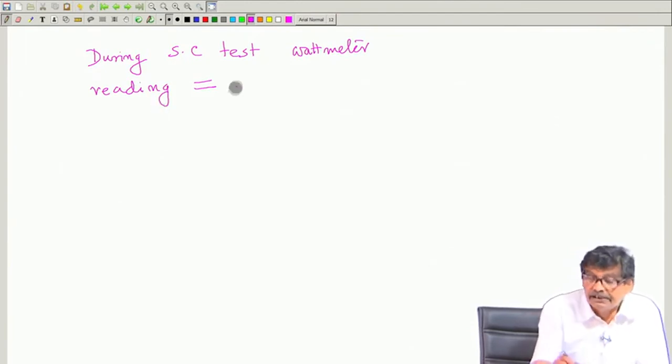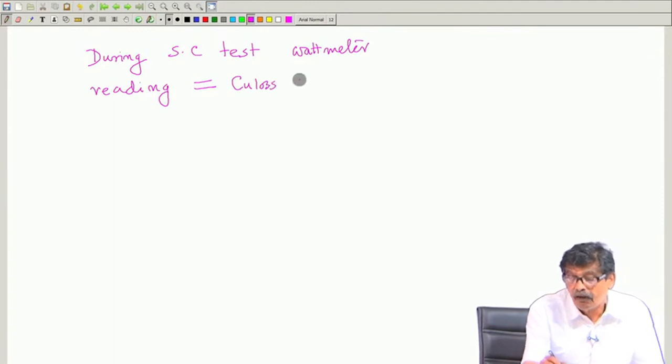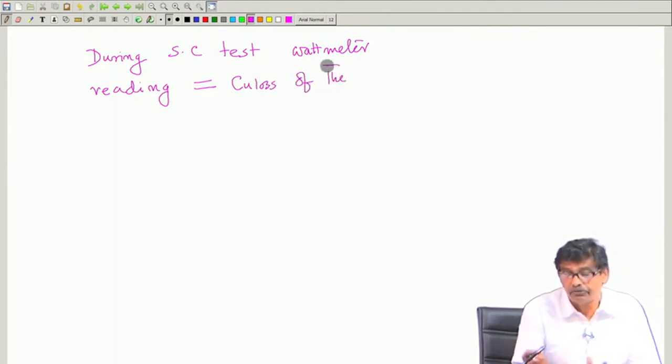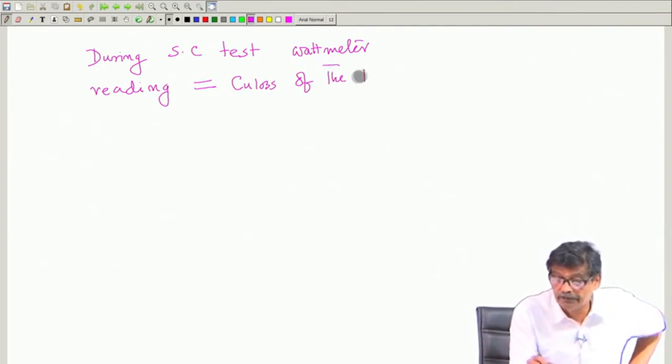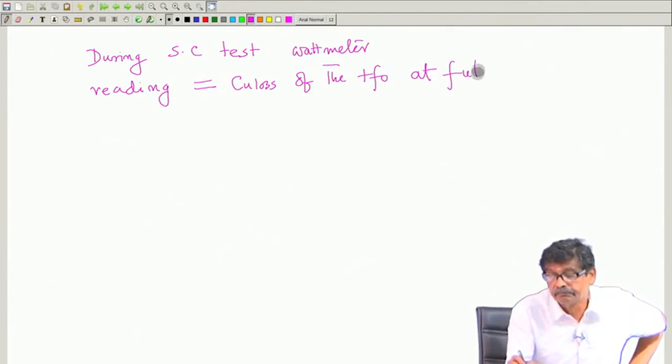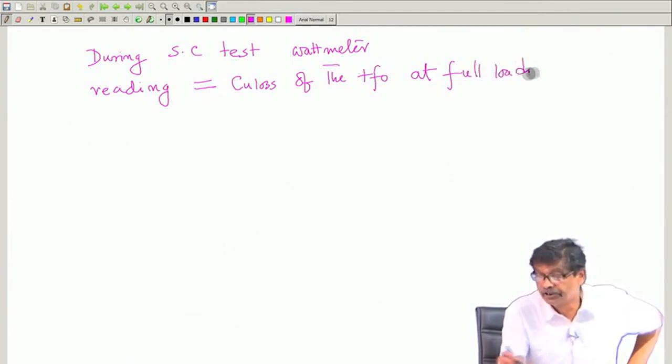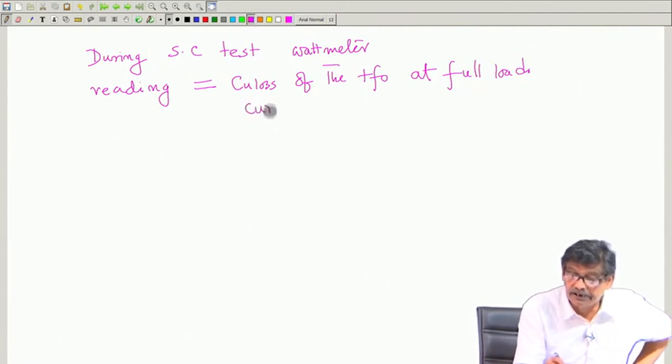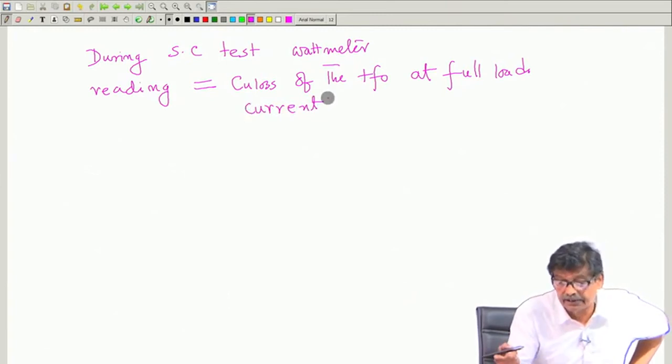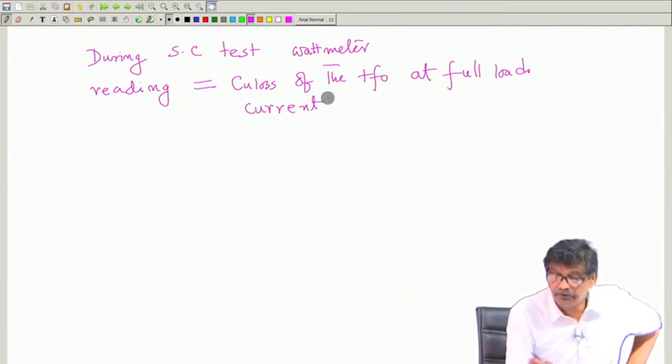It was reading the copper loss of the transformer, that is winding copper loss. So, copper loss means winding loss of the transformer at full load current, because during short circuit test your windings were carrying rated current at full load current.